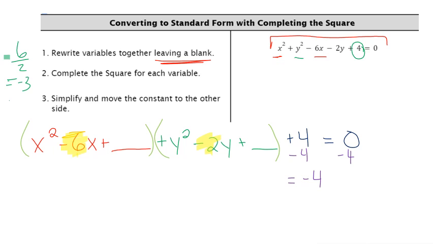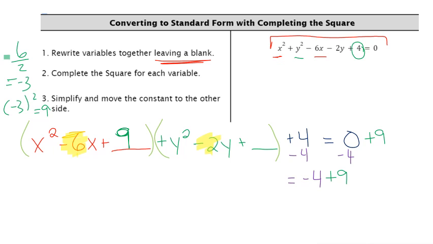And then I'm going to go ahead and square it. And remember, whenever you square, you get a positive number. So to complete the square, I have a 9 that I'm going to add to the left. And whatever I do to one side of the equation, I have to do to the other side. So I'm actually going to add the 9 to the other side.